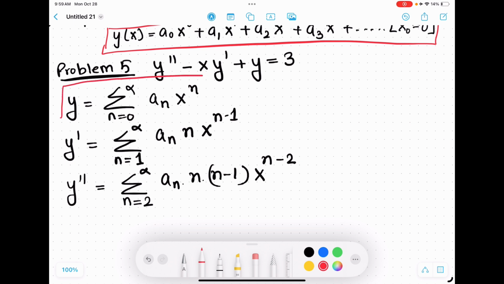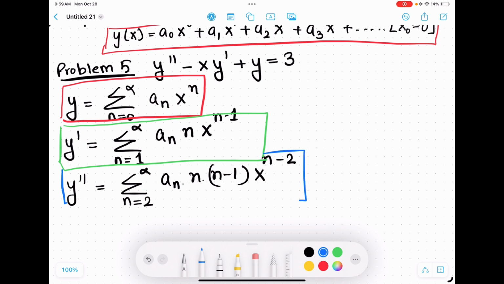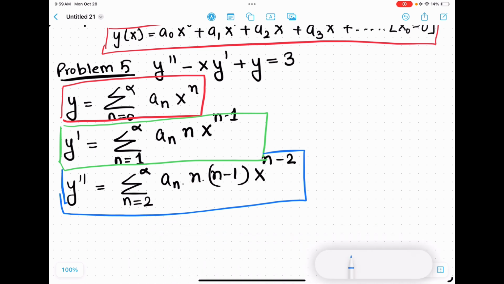So I'm going to use different boxes like I do to add some colors. So I have my red box for my y, my green box for my y prime, and my blue box for my y double prime.